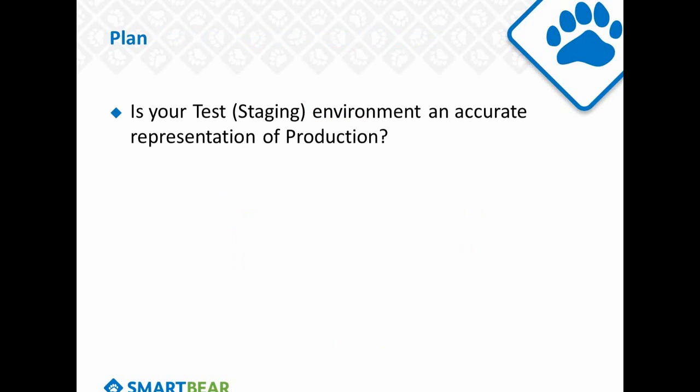So, to the point that we just mentioned, is your staging environment an accurate representation of production? This comes into play at the end when you're running your large load tests, and staging may not be adequate to give you the numbers that you're looking for. Not only that, it may not be able to tell you whether you'll be able to reach the numbers that you're looking for.